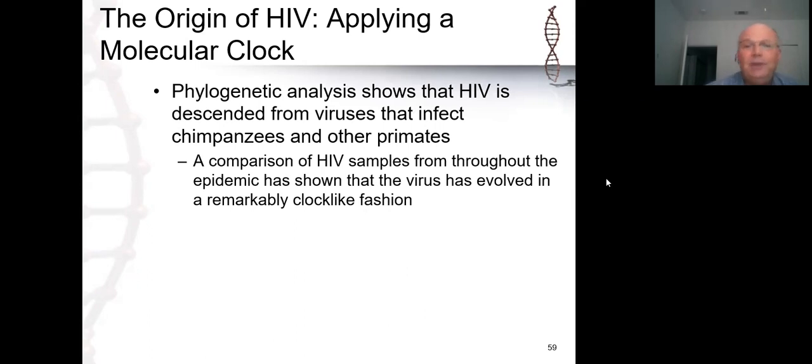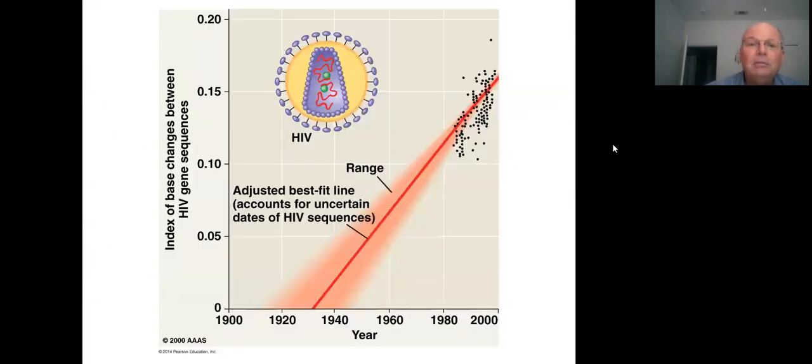So here is a fairly simple molecular clock analysis, because it is a molecular clock in recent time. And so we can be fairly confident about the data that we're using.